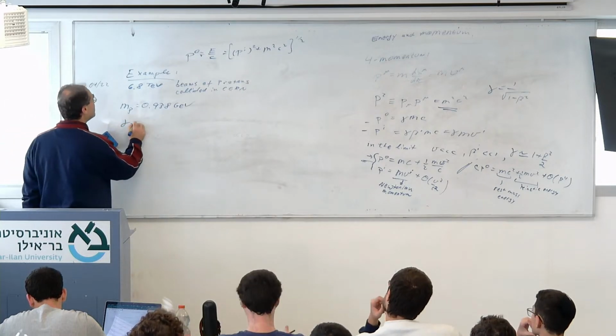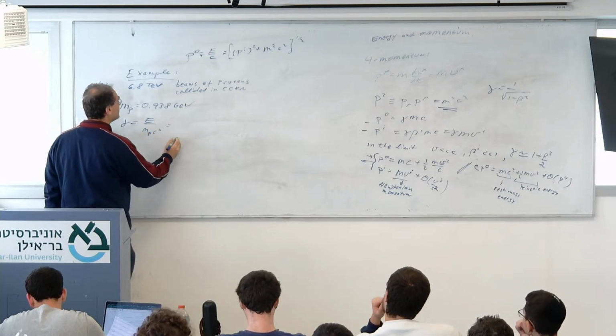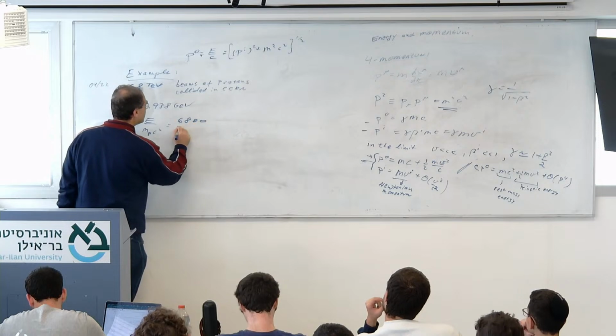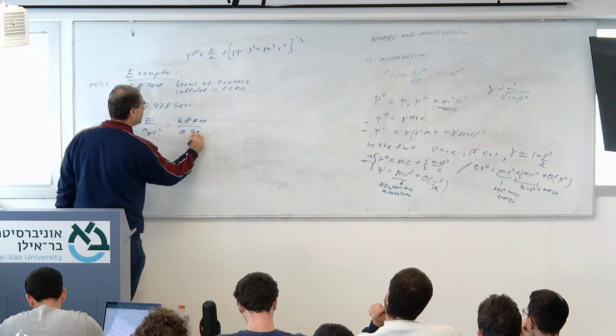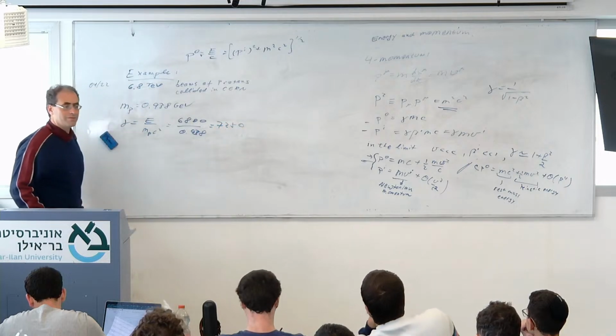So gamma is E divided by Mp c squared, which is 6.8 TeV divided by 0.938 GeV, and that's the Lorentz factor.